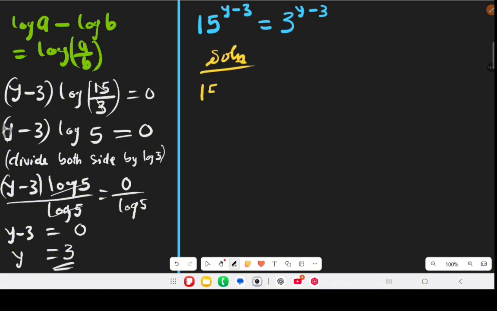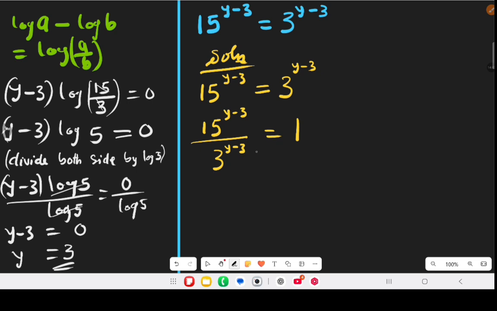What we do here, we take 3 raised to the power of y minus 3 to the left side of the equal to. It will become 15 raised to the power of y minus 3 divided by 3 raised to the power of y minus 3 is equal to 1.